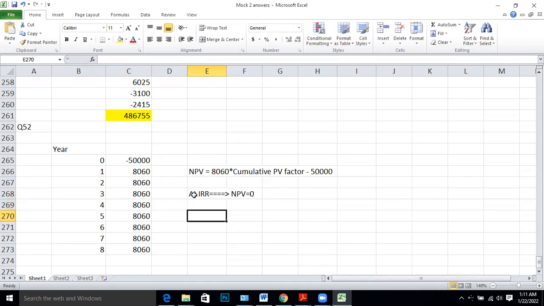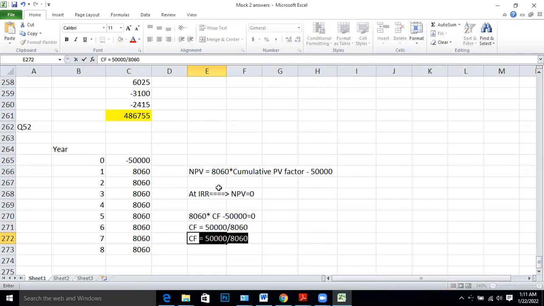Which means 8,060 into the cumulative factor, CF for cumulative PV factor, minus 50,000, that's the NPV, has to be 0. From this, cumulative factor equals 50,000 divided by 8,060.